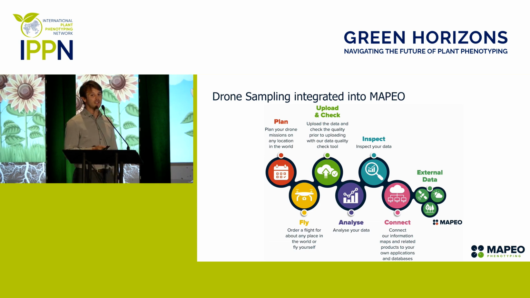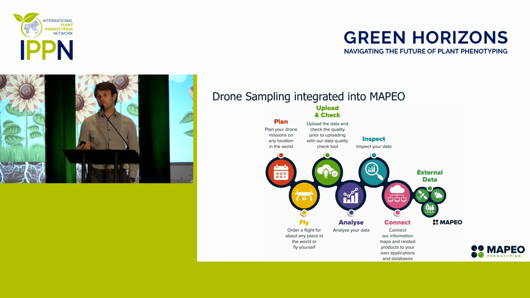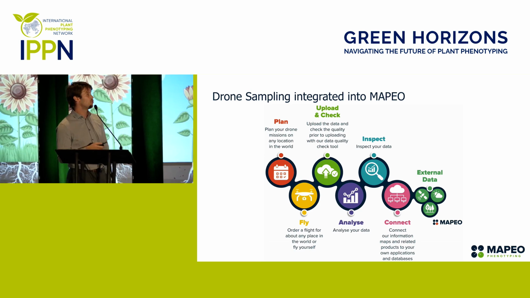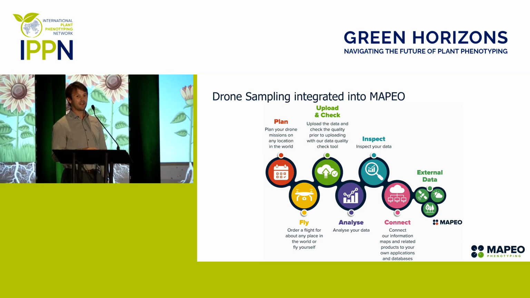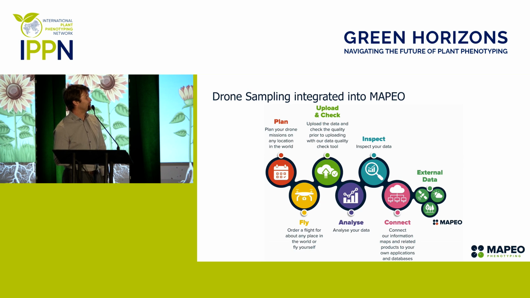Often, if you are working in plant sciences, this is something that you might work on yourself, but maybe it's not your core area of expertise, and maybe you want to partner up with another institution to do it for you. If so, that can be us. We take you from the plan through to the flight analysis, connecting to your own downstream applications, and so on.